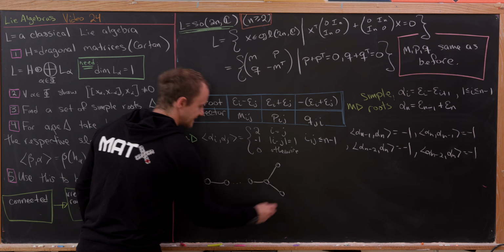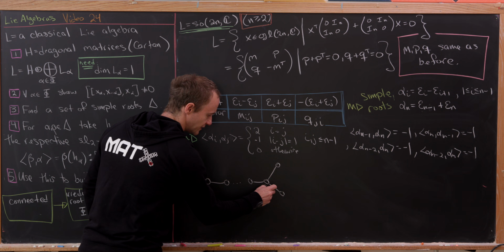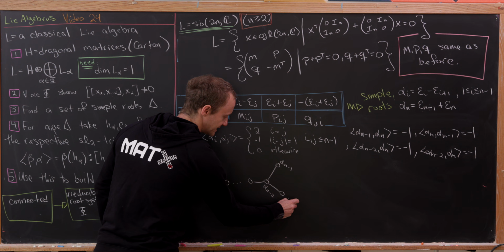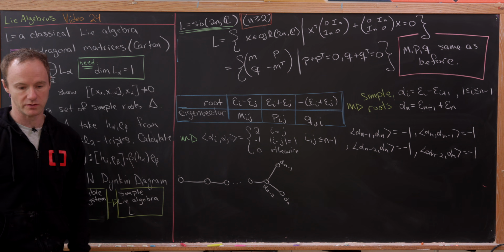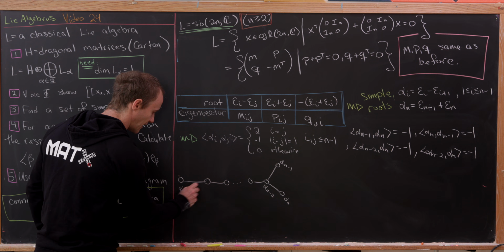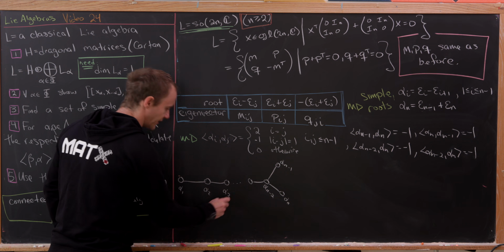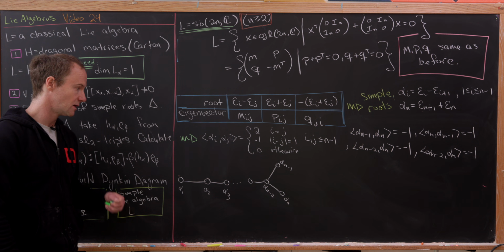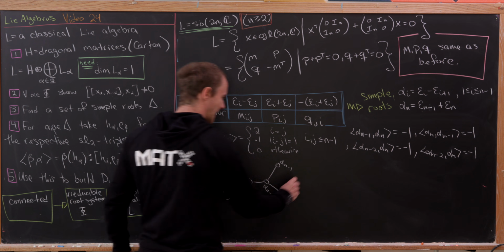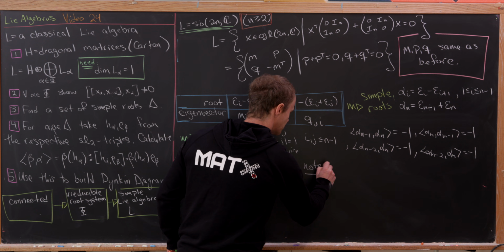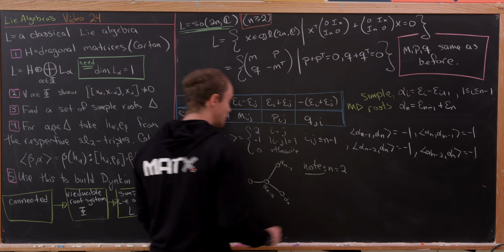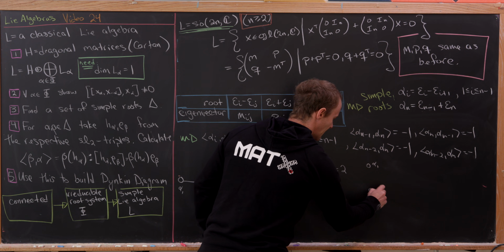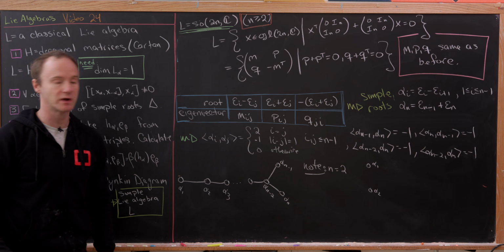So it's got this nice little branch at the end. This is the alpha n minus 2 node, this is the alpha n minus 1, and this is the alpha n node. Then I guess down here would be the alpha 1, alpha 2, alpha 3. So again, this thing is connected in almost all cases. Let's note, if n is equal to 2, this turns into the following diagram, alpha 1, alpha 2, that has no connections.